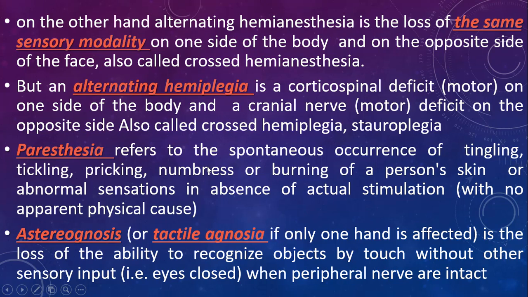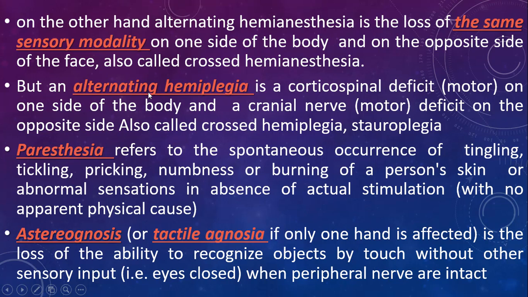On the other hand, alternating hemianesthesia is the loss of the same sensory modality on one side of the body and on the opposite side of the face, also called crossed hemianesthesia.